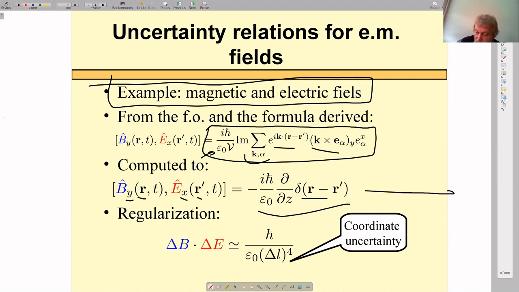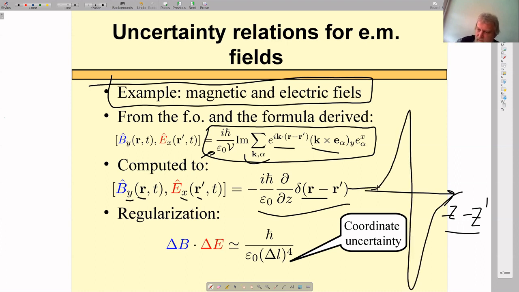So if I would plot this quantity, I would get something like a derivative of delta function, something that ugly. Sure, it's not really very constructive, I would say. I don't know how to understand this delta function.